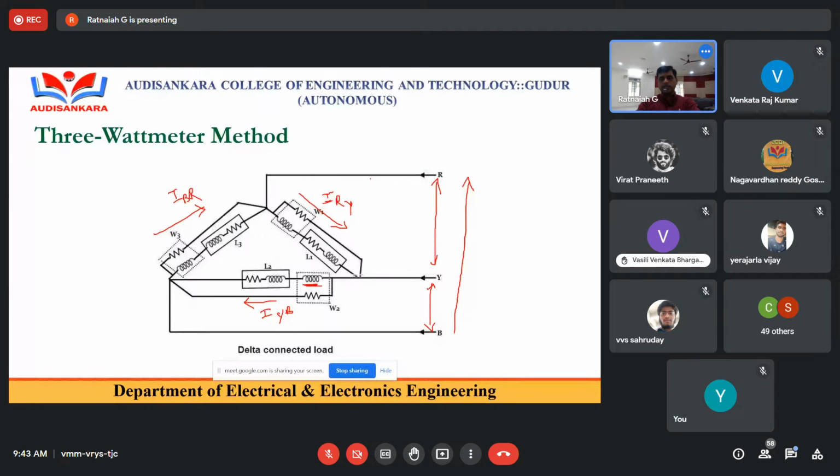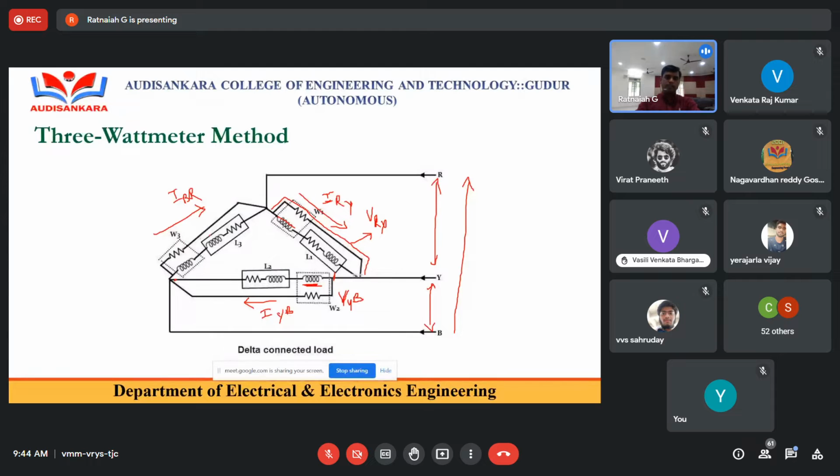Then what is the voltage across this branch? The current through this branch is IRY, but the potential difference we have to take is across the load, because the pressure coil is connected across the load and is used to measure the voltage across it. So the voltage of this branch is VRY, because the branch is connected between R and Y. Similarly, for the next wattmeter W2, connected between Y and B, the voltage is VYB.